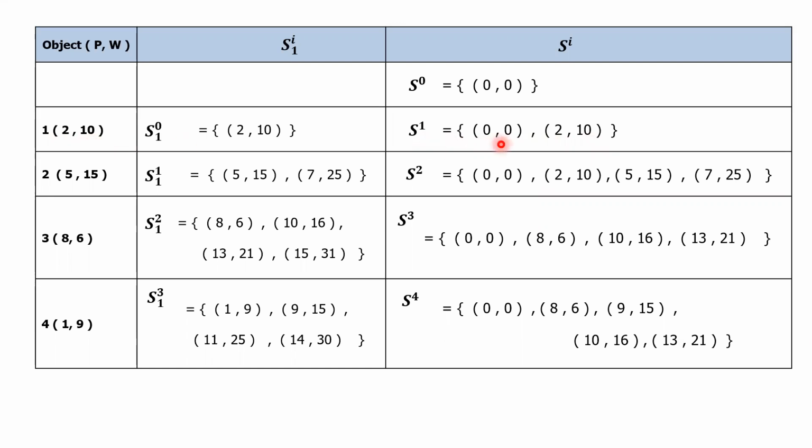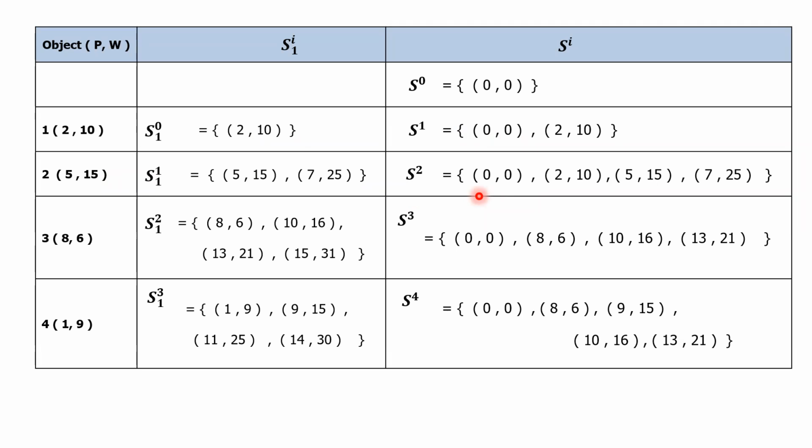Then, if there are two possible states of the bag, and I try to include object 2 into the bag, then you'll get 4 possible states. There can be an empty bag; that means I have not included item 1 or item 2 in the bag.